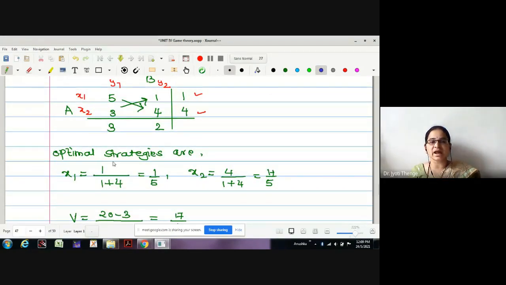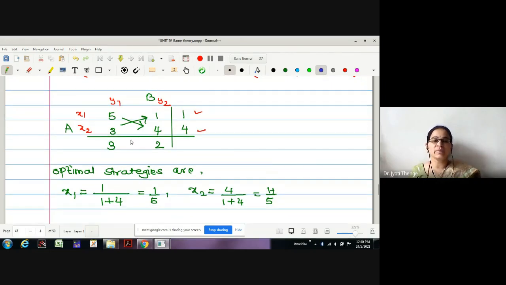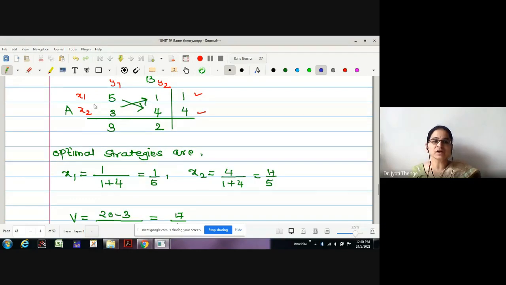Optimal strategies are the probabilities of playing both the activities for players A and B respectively. X1, X2 are the probabilities of playing the activities for player A, and Y1, Y2 are the probabilities for player B. Therefore, for X1, we write the oddment value.